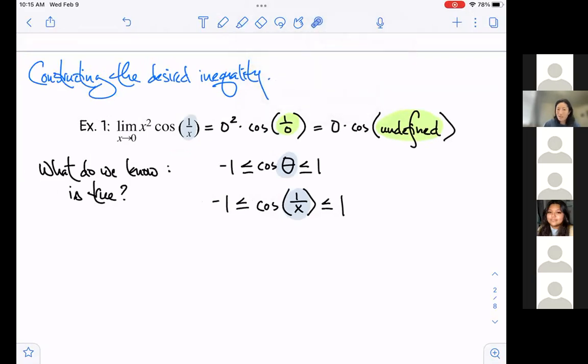Now I start to see a sandwich. I see a filling. I see bread and other bread. Okay. I want to make the filling look exactly like the function I'm given.